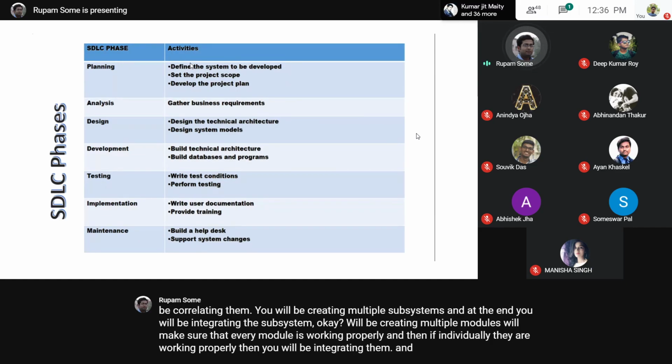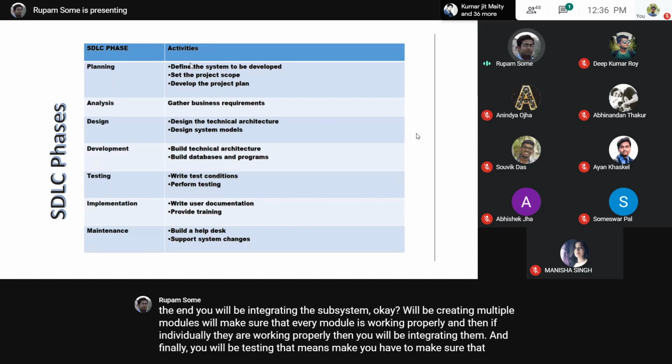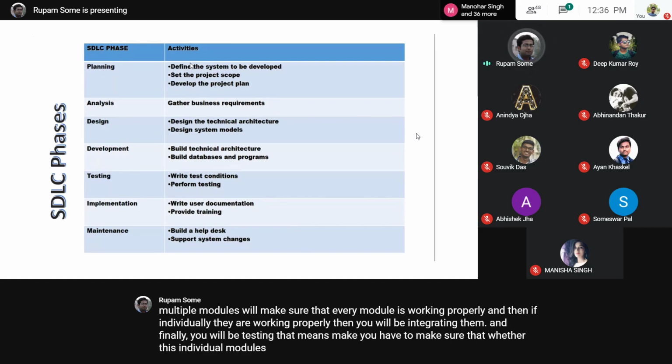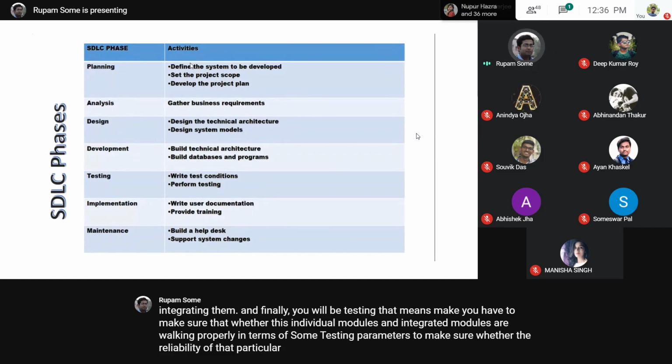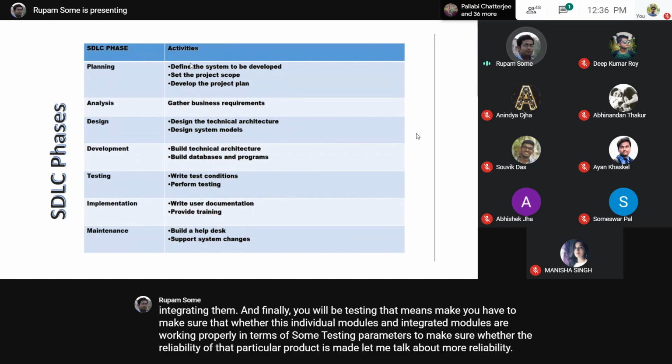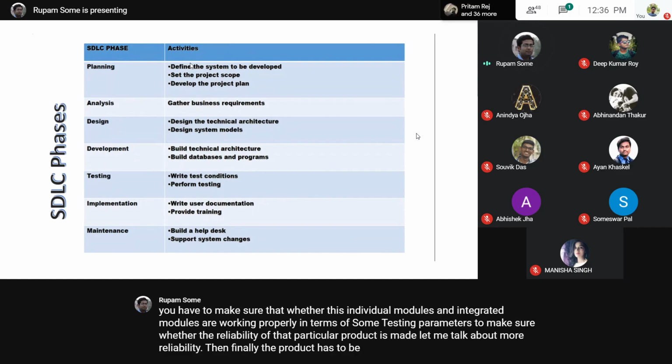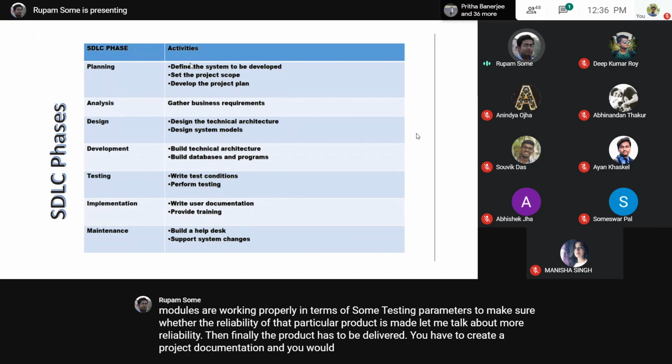And finally, you'll be testing. That means you have to make sure that the individual modules and integrated modules are working properly in terms of some testing parameters, to make sure the reliability of that particular product is met. Let me talk about reliability more. Then finally, the product has to be delivered. You would have to create project documentation, and you would have to give training to the end user.